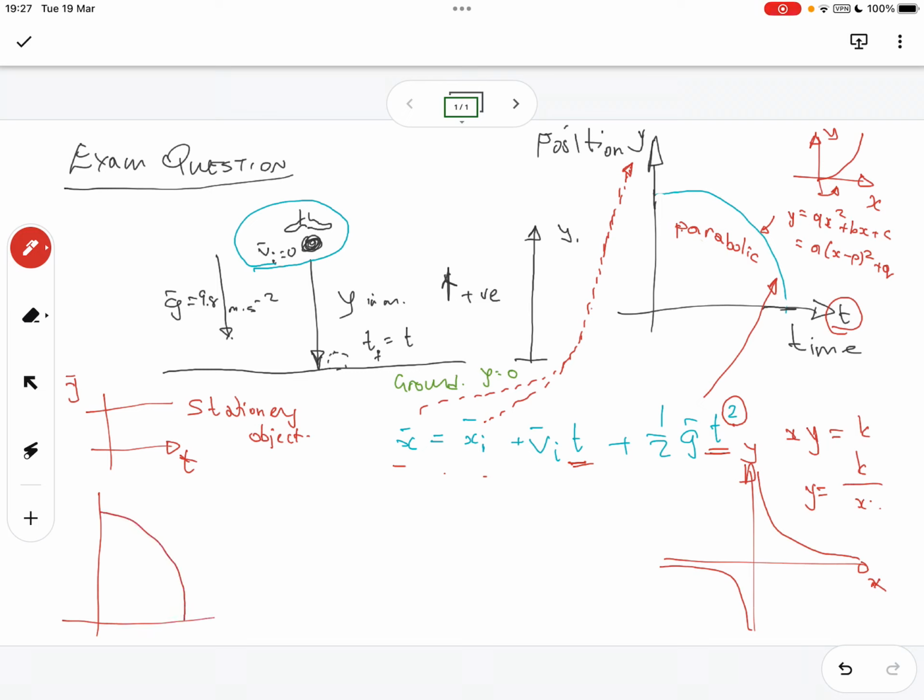If it is this curve, then it implies initial velocity is 0. And if it is like that, then okay, but here the object was dropped.